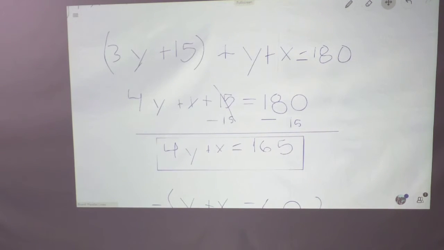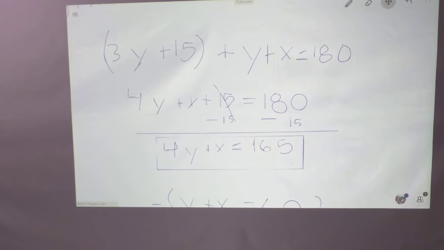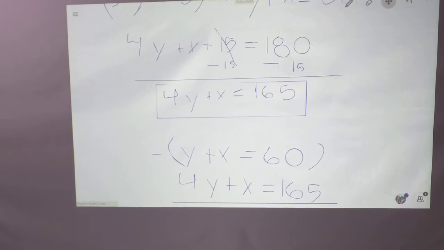And now we add the like terms. 3y plus y is equal to 4y. So we have 4y down there, and plus x, since x doesn't have any like terms, plus 15 equals 180. We subtract 15 from both sides, and you get 4y plus x equals 165.